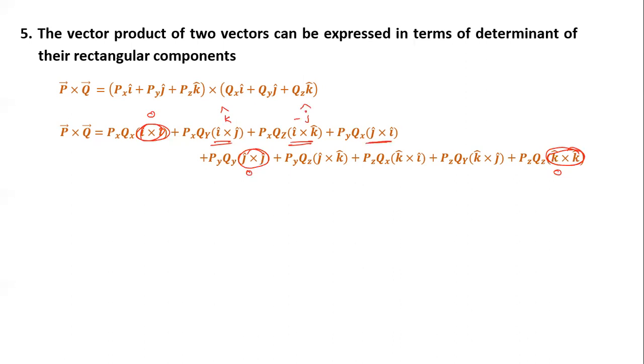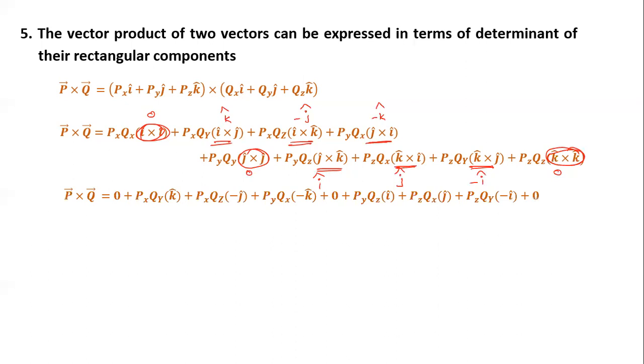Then j cross I is minus k. Then here j cross k is I. Then k cross I is j. And here k cross j is minus I. That we have to substitute in the next step, you can see.